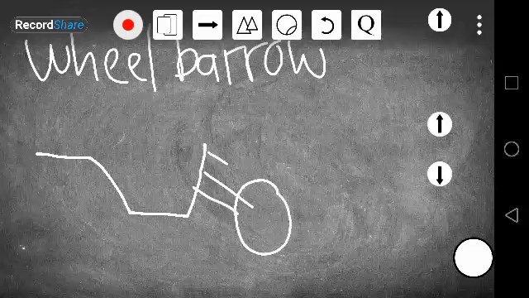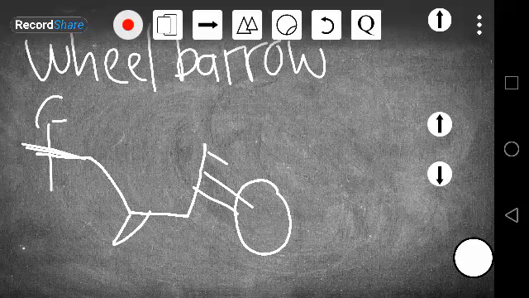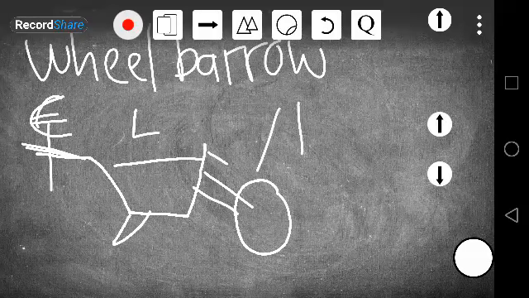The wheelbarrow is something like this. So here are my hands, that's the effort. Then the load will be here in the middle. And this end here is the pivot.